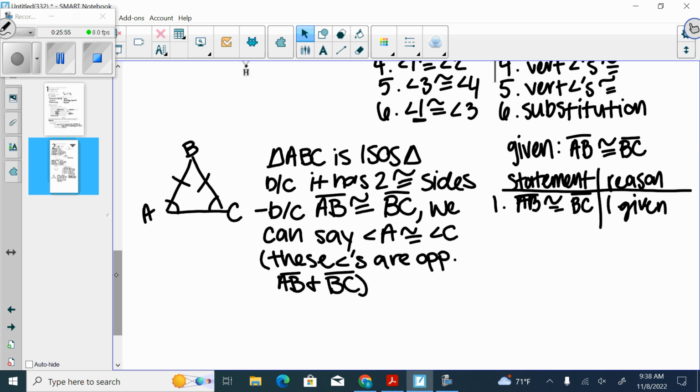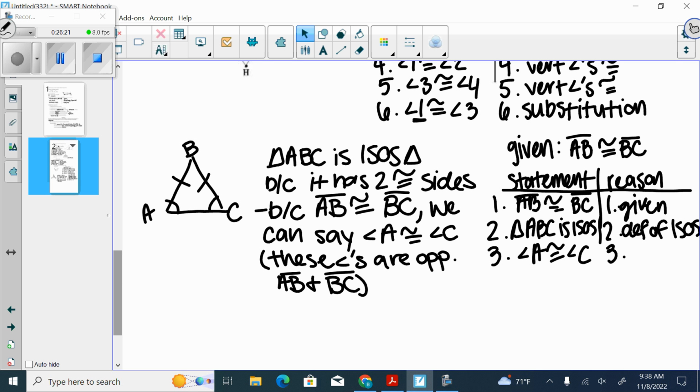I then can make the conclusion that it's an isosceles triangle, by definition of an isosceles triangle. I then can draw the conclusion about the two angles being congruent, by, again, definition of isosceles.